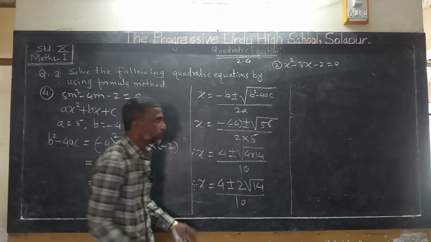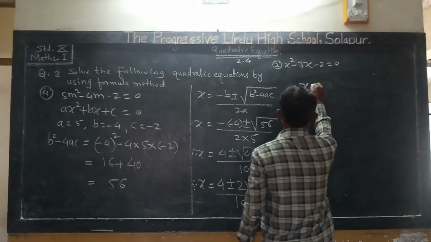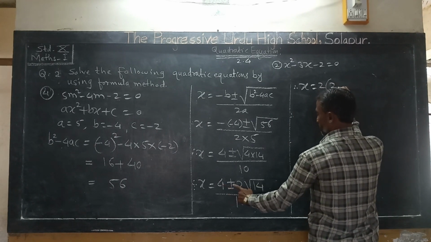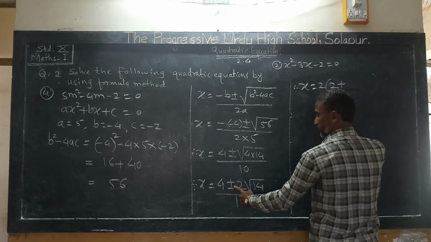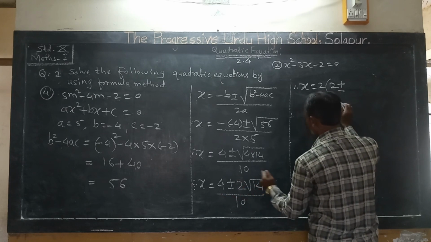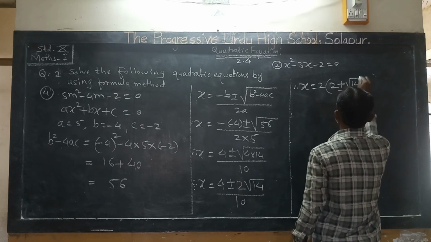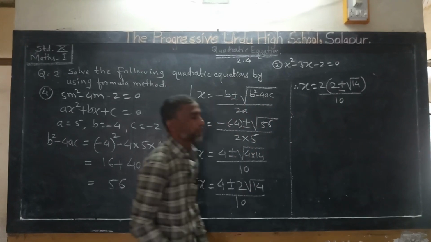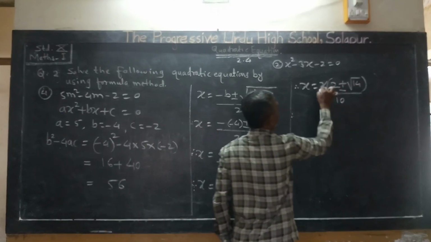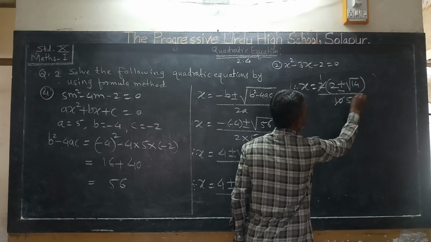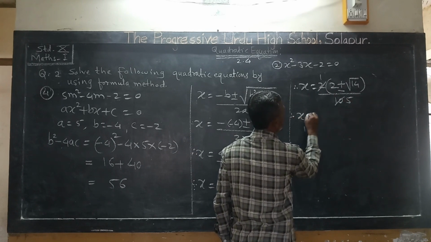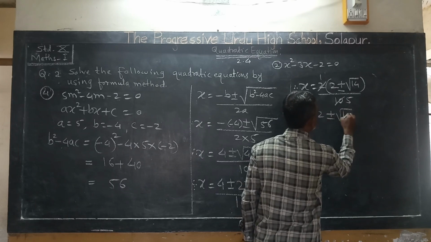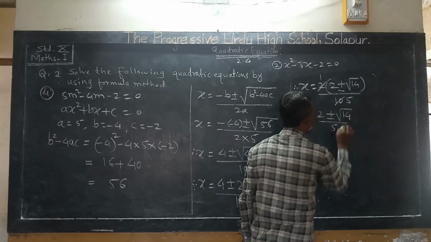So take 2 common, therefore x is equal to 2 plus minus as it is, root 14 will remain, upon 10. Now 2 1s are 2, 2 5s are 10. Therefore x is equal to 2 plus minus under root 14 upon 5.